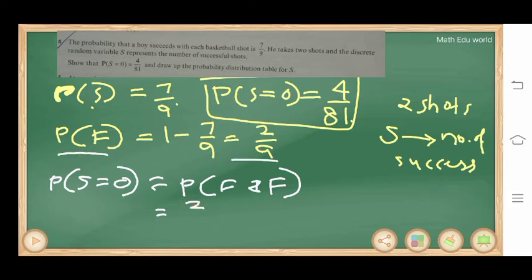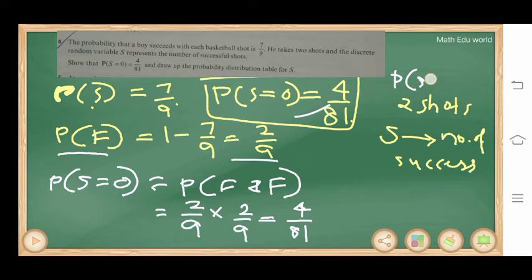So we get 2 divided by 9 multiplied by 2 divided by 9, which is equal to 4 over 81, our first result. So we get P of S equal to 0 is 4 by 81.